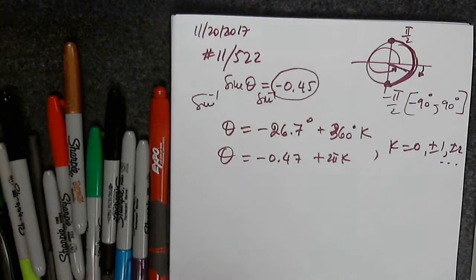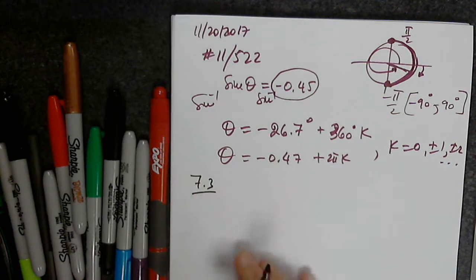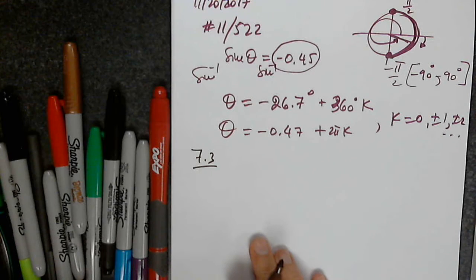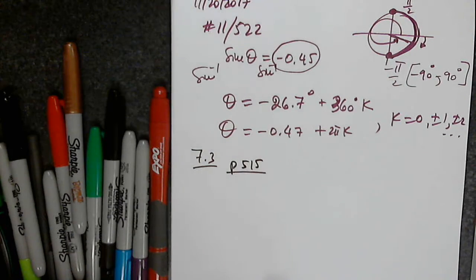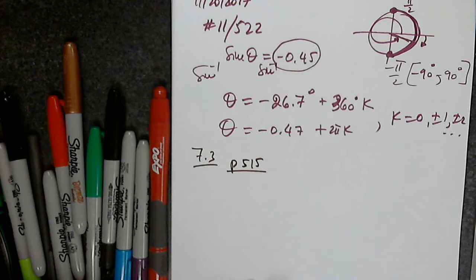Can I do a 7.3? Yes. Let's see. So page 550. Use numbers. Let's see.